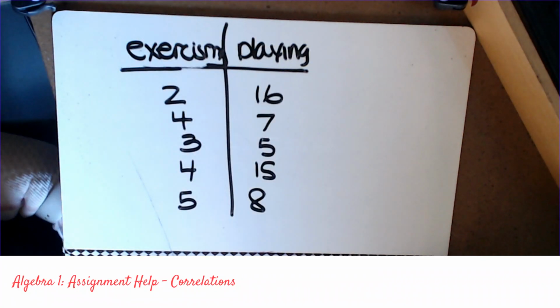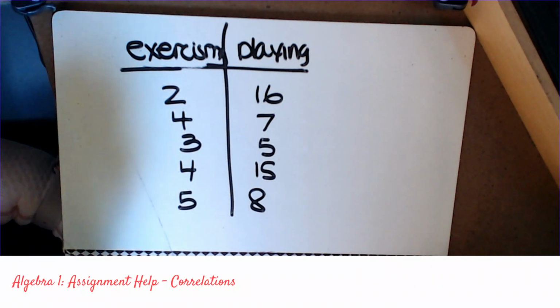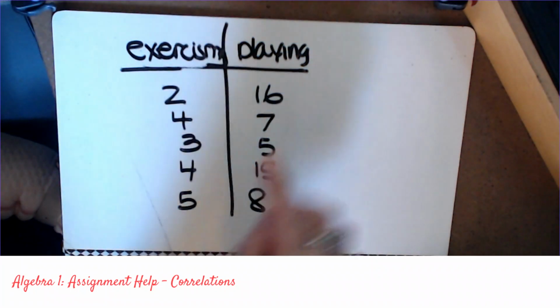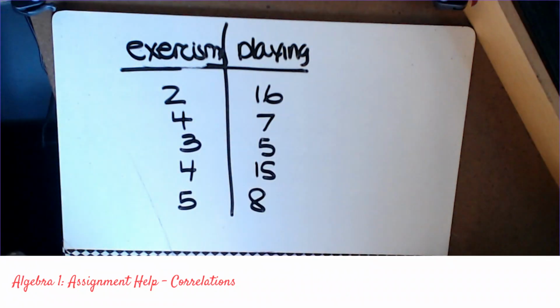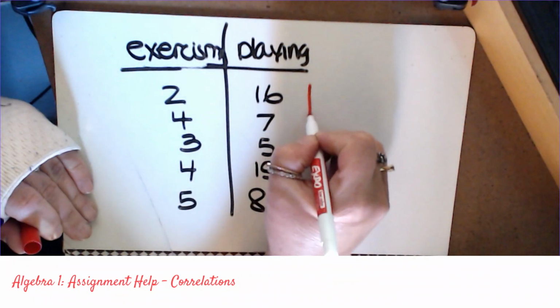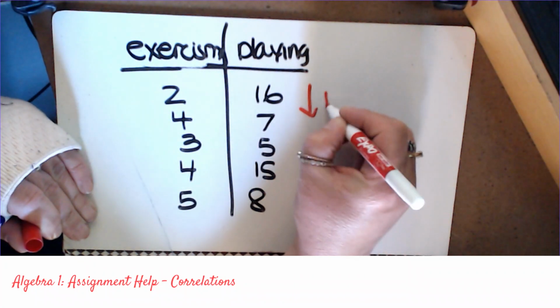In slide number 4, they are asking us to determine the correlation of hours exercising and playing games. Do we consider it to be weak, positive, negative, or moderate? First of all, look to see, as we go down the list, are the numbers generally increasing or decreasing? If these are going down, then this would be a negative.